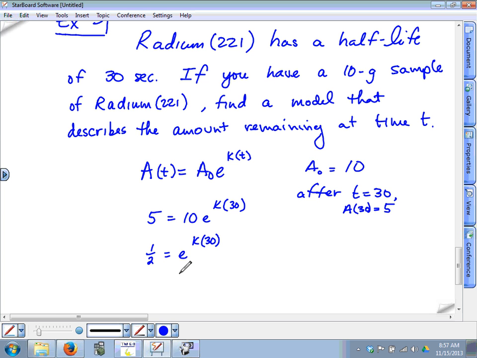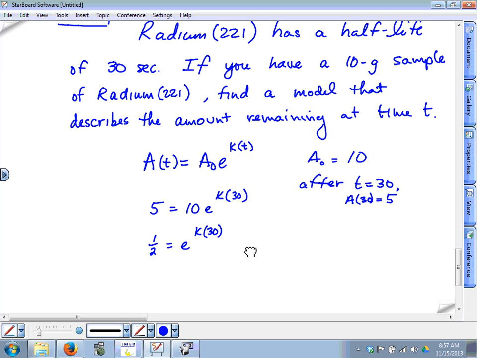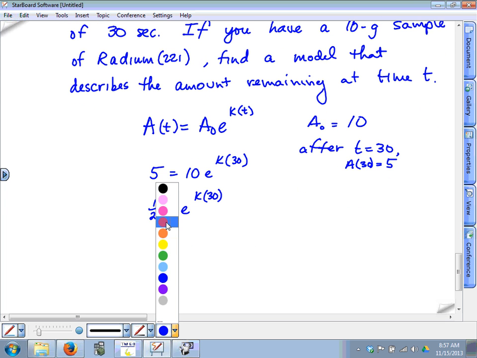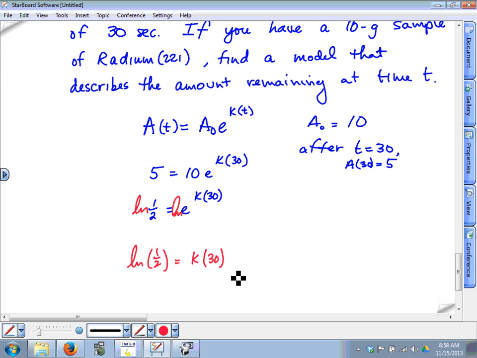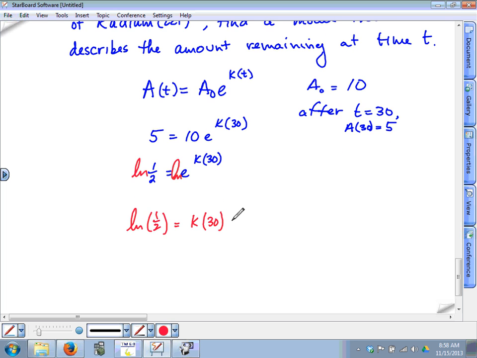This is the exact same as example 1, isn't it? Pretty much. Take a natural log on both sides. So the natural log of 1/2 is equal to k times 30. Divide by 30, and you get the value of k is equal to the natural log of 1/2 over 30.